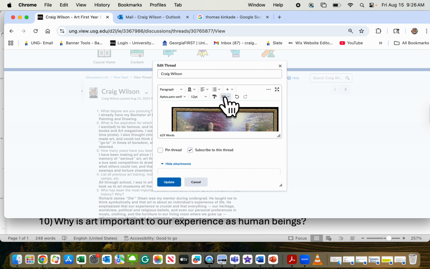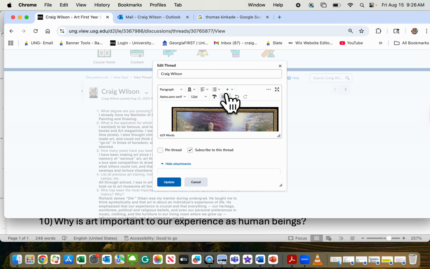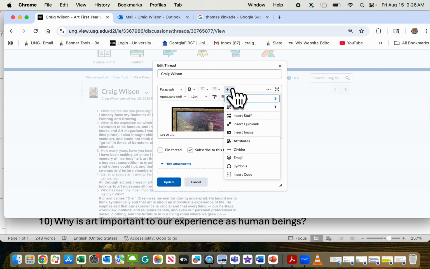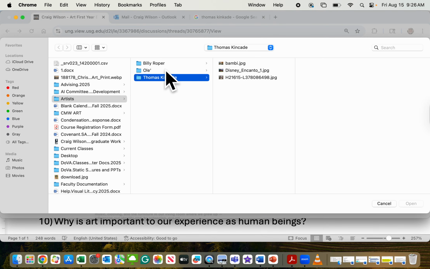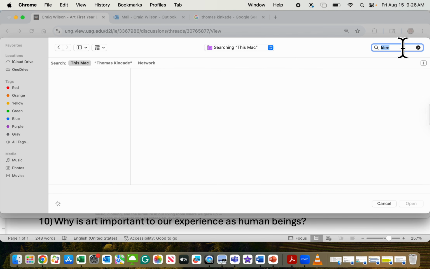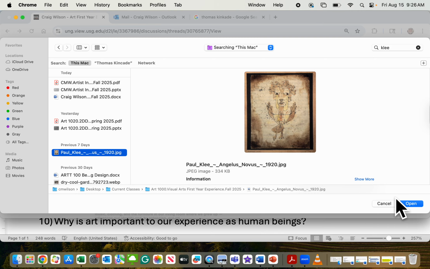Keep the cursor there. Now, you'll notice you don't see the JPEG picture insert button here. So I can hit this down arrow and there's the insert image. My computer, upload. Let's see. Do I have any other Klee paintings here? There we go. Much better.